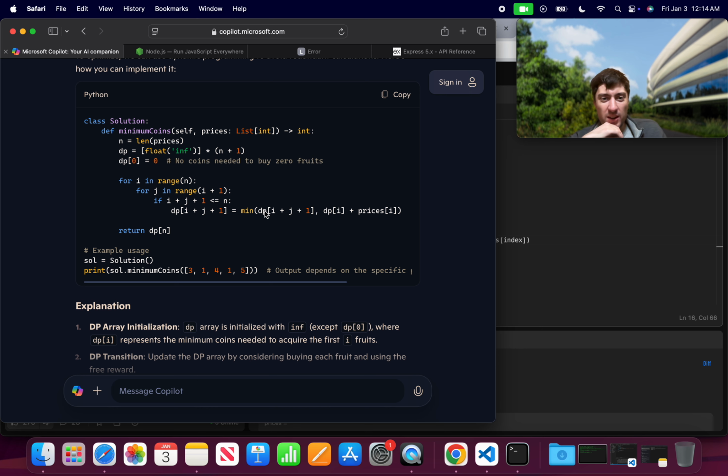I can't remember why I dislike it, but I remember I didn't like dynamic programming. Something like filling out a table or something like that. I can't remember what it was, but it's okay.